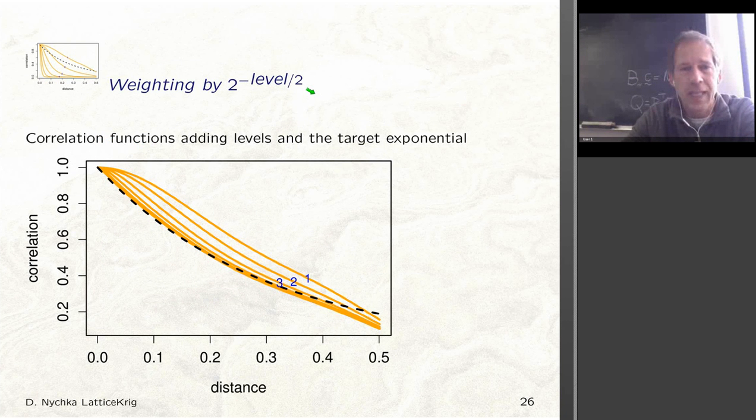So here's that first covariance model. Now the 2 means I've added the first and second multi-resolution layers together, weighting by a very particular set of weights. They're basically falling off exponentially by right on top of it.